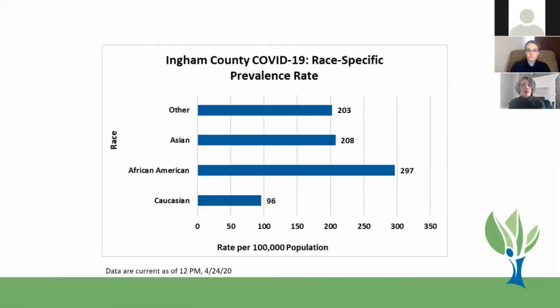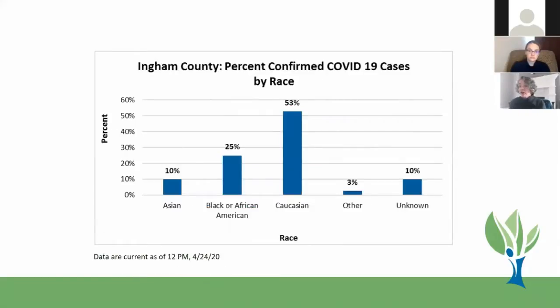So here is our prevalence rate by race. It shows you now we're at almost 3 times a higher rate in our African American population compared to our Caucasians. That looks like this, which is again why we calculate in rates, because you'd say Caucasians are the highest hit because there's 53% of them.